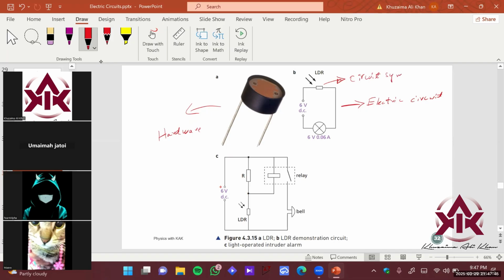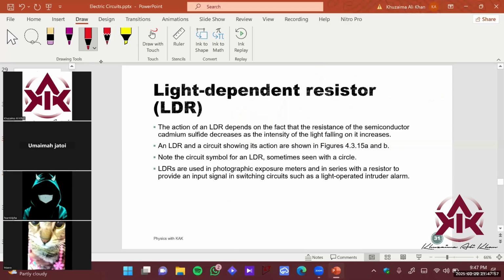This is the circuit symbol of LDR, right? It's a resistor, it's a box, and two arrows are incident upon this. So this basically shows light, right? That light is incident upon the LDR here, right? So how do you operate this? Okay, so now let's start learning LDRs. The action of an LDR depends upon the fact that the resistance of the semiconductor cadmium sulfide, which is the material used to create LDRs, decreases as the intensity of light increases, right?